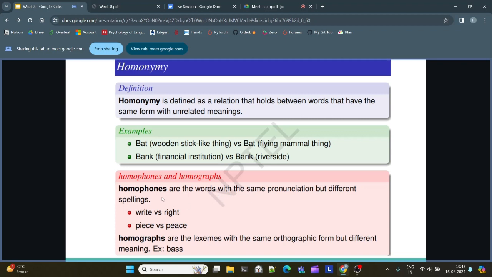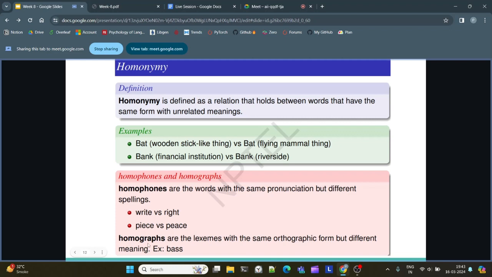Based on that, we could further classify homonymy into two things: homophones and homographs. Homophones are words which have the same pronunciation but different spellings, such as right versus write, the one we saw in our question itself, or peace versus piece.